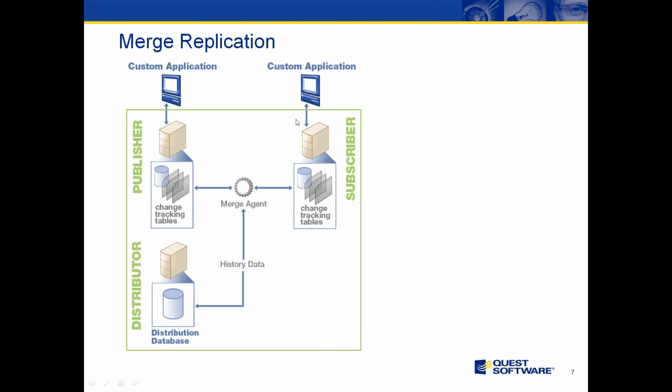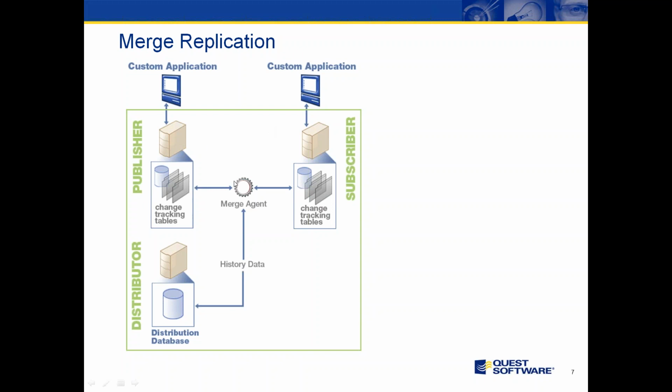And as this is merge replication, whatever changes the application makes on the server will be replicated back to the publisher. So at any point of time, both databases will be identical with respect to the tables that were added to the replication.